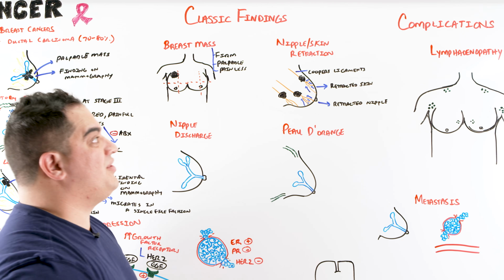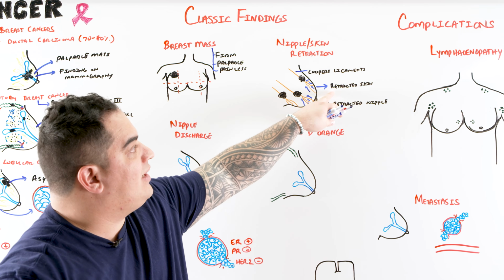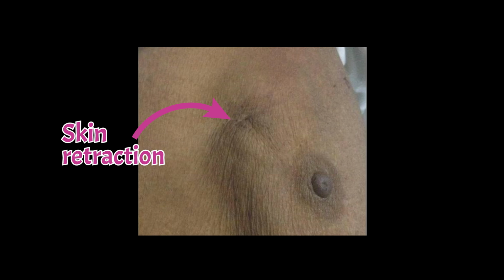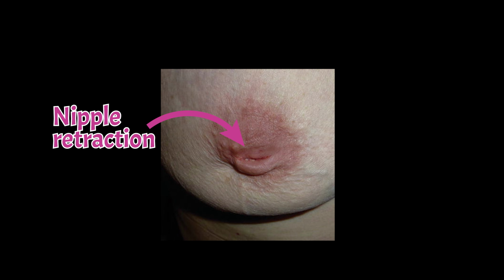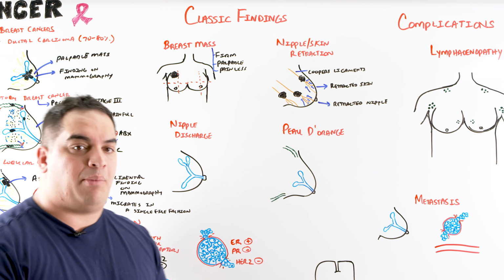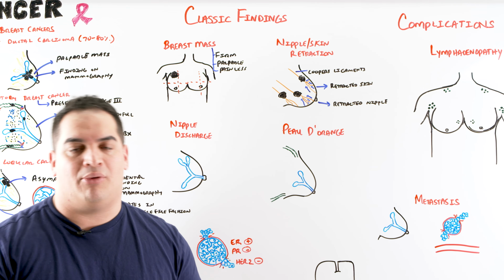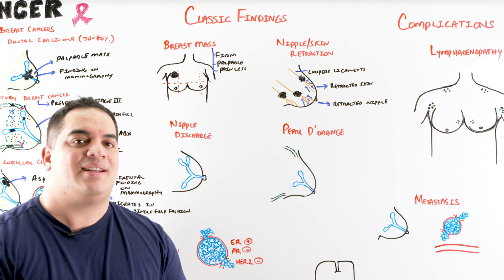And I think it's important to understand what these look like. So retracted skin looks like this. And then a retracted nipple looks like this. So if we have a patient coming in with a palpable breast mass, a retracted nipple, retracted skin, these are important things to consider.